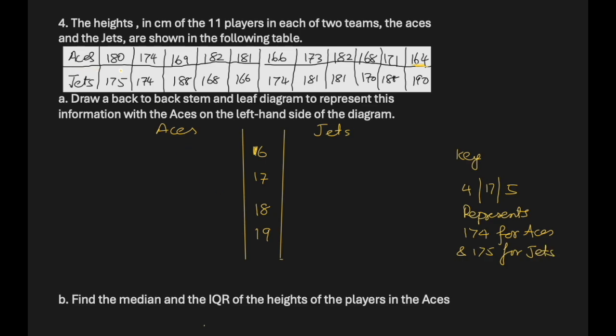So we'll write one by one. I'll keep some spaces because they are in random order. So 180 is the first one for aces. So zeros. The smallest one comes to the right in left side. Don't start 0 from here. That will be wrong. So 0 here. Then 174. 174 I will write here.